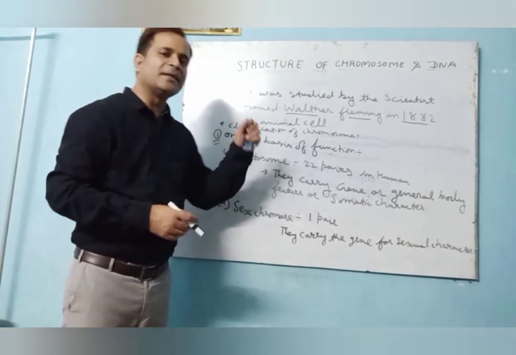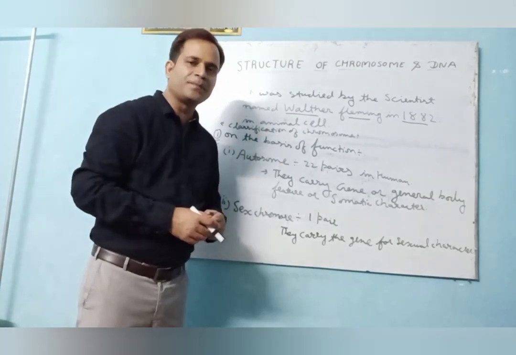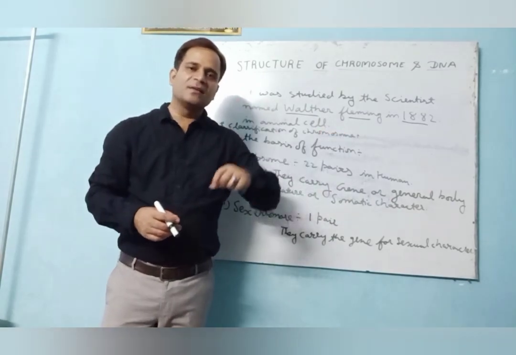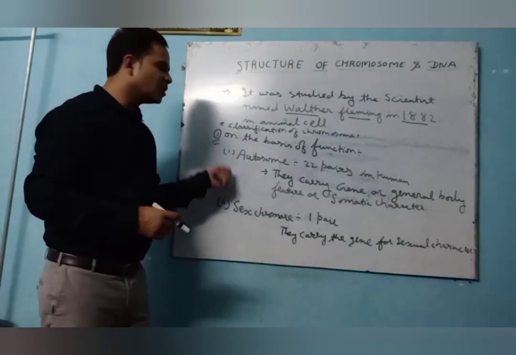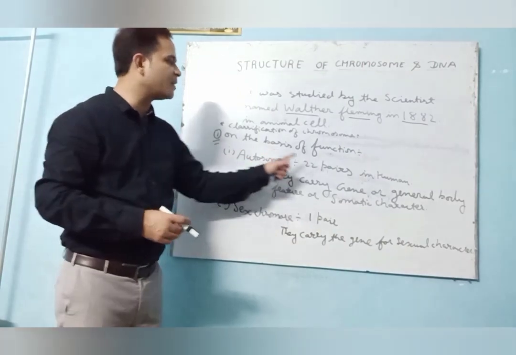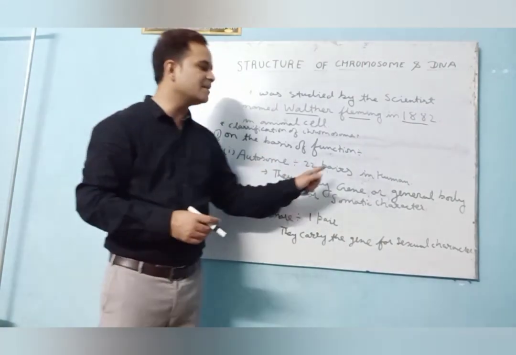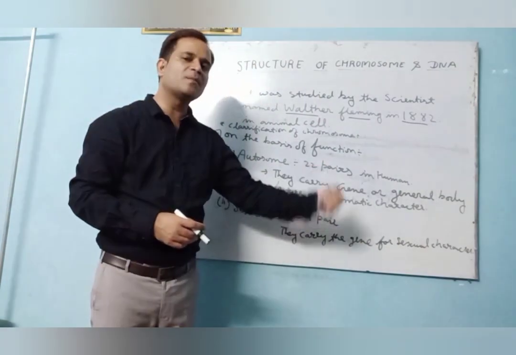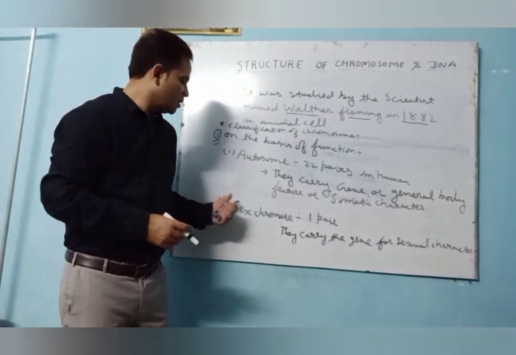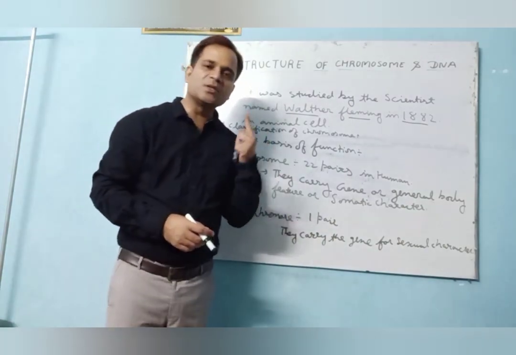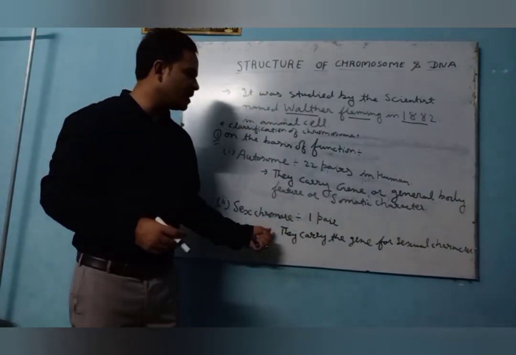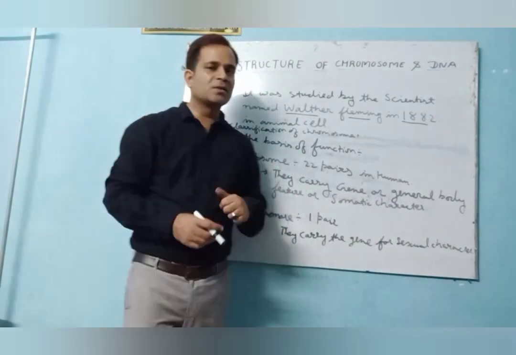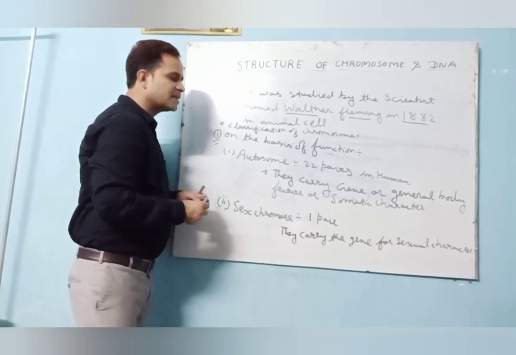We all know that there are 23 pairs of chromosomes which are carried from male as well as female. Out of the 23 pairs, 22 pairs in human carry the gene for general body features, or you say the somatic characters. Second one is the sex chromosomes, which is one pair, and this one pair carries the gene for sexual character. So on the basis of function is clear.